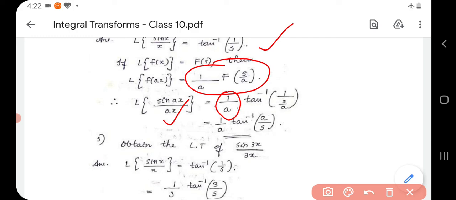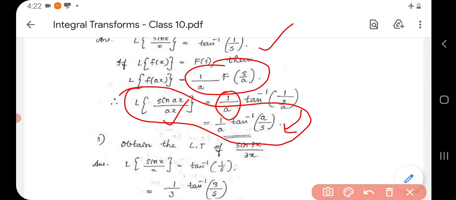Here you have sin ax by ax. So tan inverse 1 by s by a. On taking the reverse, it will be a by s. So 1 by a tan inverse a by s. This is a formula for finding this one.